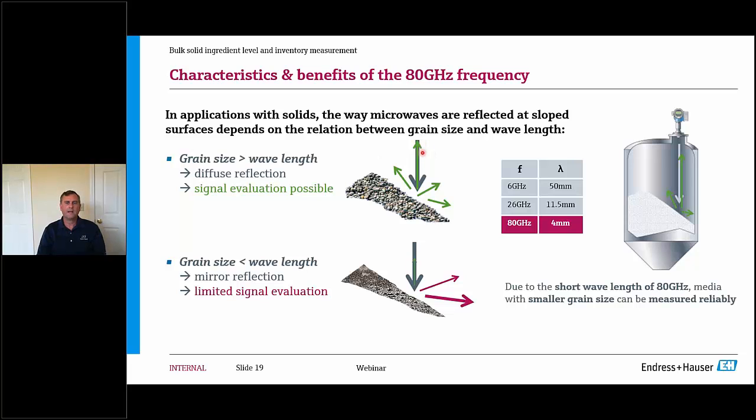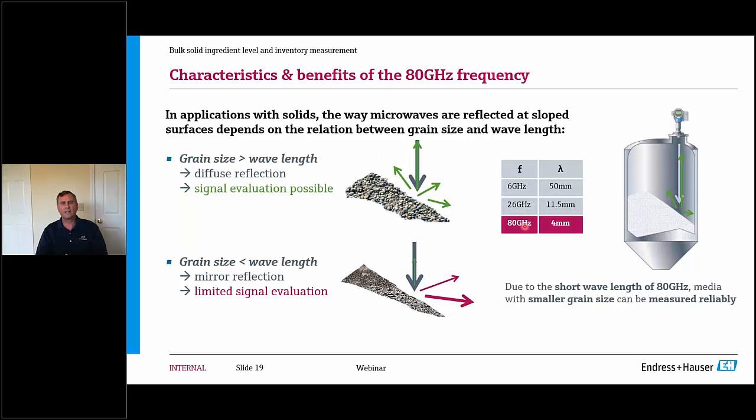Now, if you have any grains or something like that, you still get enough energy returned back to the sensor. If we look at the lower frequencies, the 6 gigahertz where microwave radar started out almost 25 years ago, we need a really large particle, 50 millimeters. That's 2 inches, some really big pieces, to get a good reflection back. Then some years ago, it evolved to 26 gigahertz, and we cut it down to roughly ½ inch or 11.5 millimeters. So we were progressing and able to use free space radar for finer and finer materials.